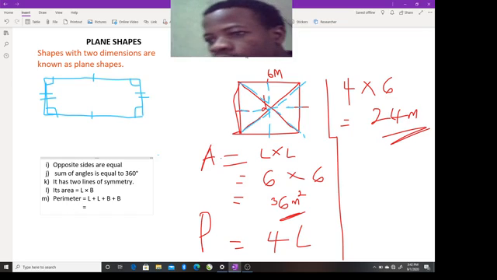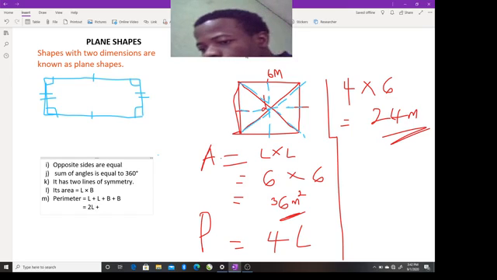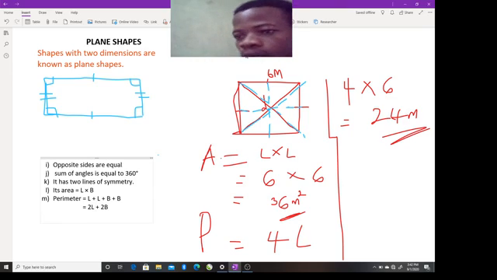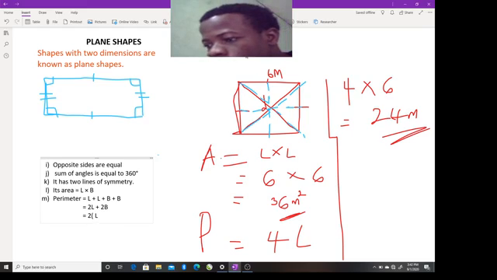So you have this to be equal to length plus length plus breadth plus breadth. That will be 2L plus 2B, 2 breadth, and that can also be equal to, you factor out 2, so inside you have your length plus breadth closes.